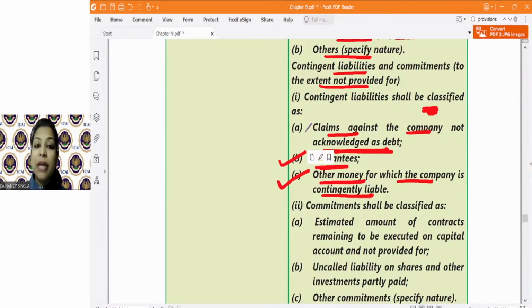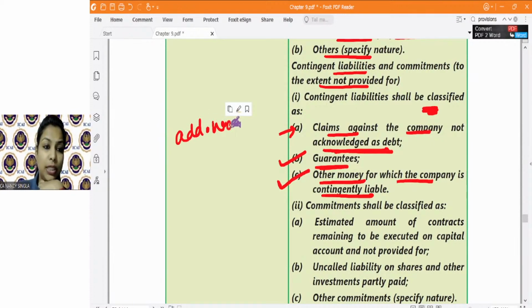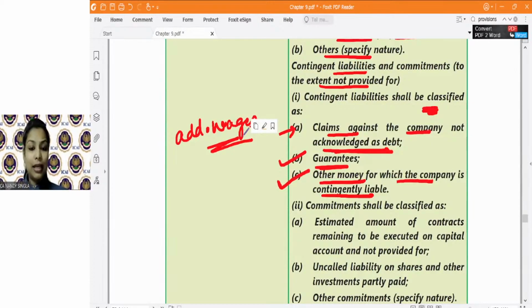Now what is meant by claims against the company not acknowledged as debt? See, let's say the labor union is asking for some additional wages. The union is going on strike again and again, but the company has not acknowledged it as a debt.